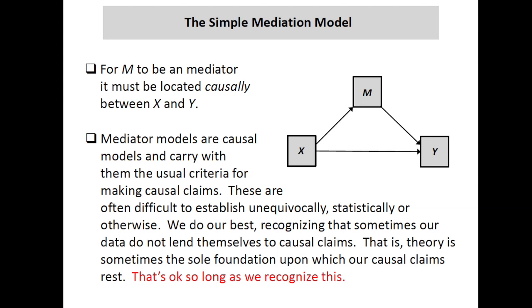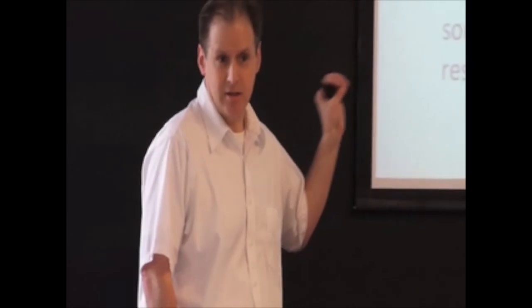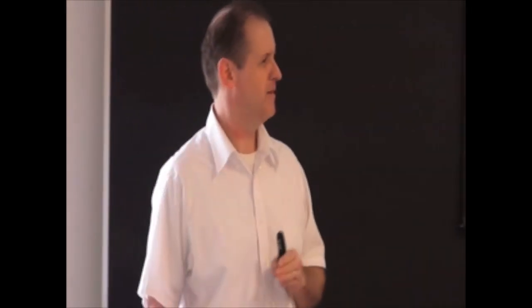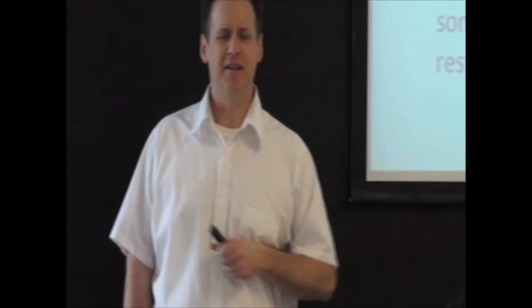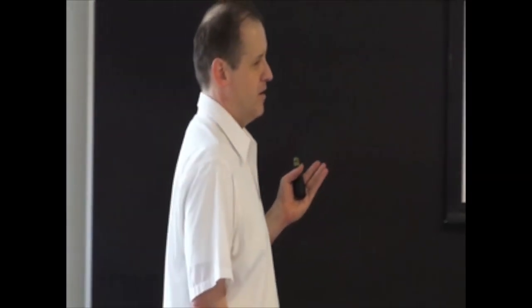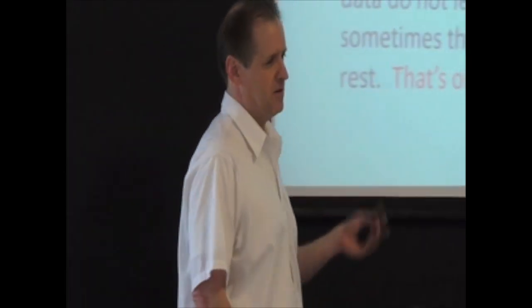This is important because I get questions from people all the time who have data that are purely correlational in nature, which this example I'm going to be using is purely a correlational study. And they want to know, well, can I do this stuff? Can I do this kind of analysis? They're looking for permission, I think. And the answer is yes, of course. I mean, we shouldn't limit ourselves.